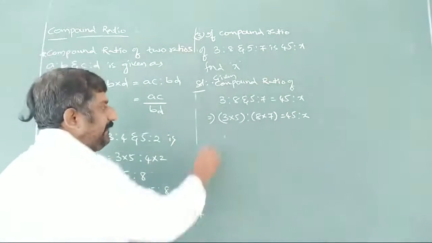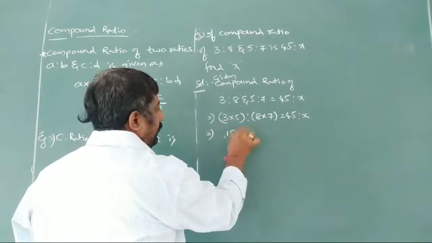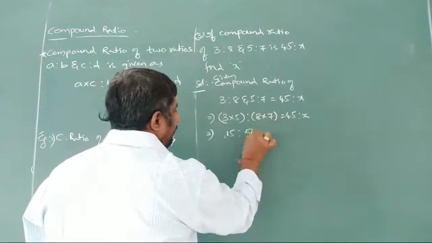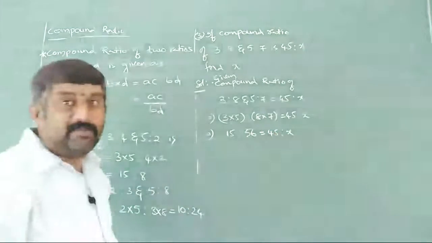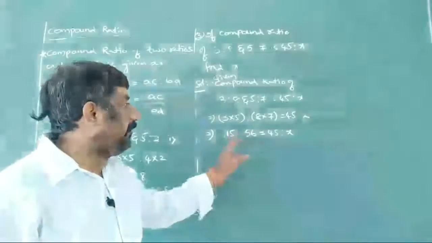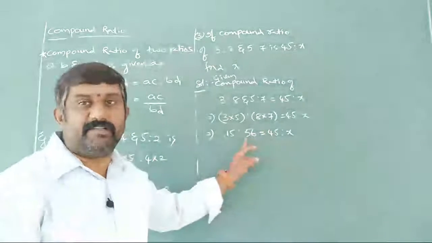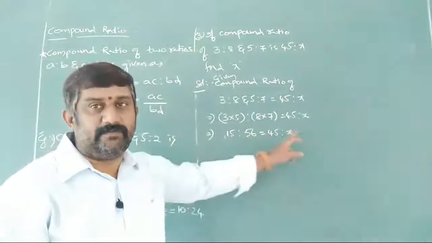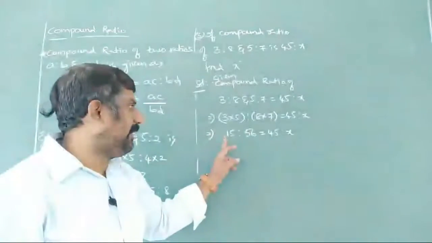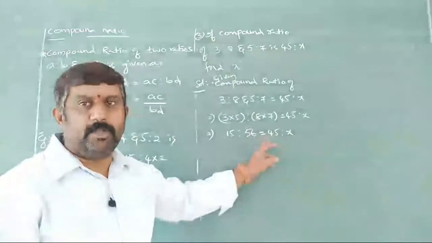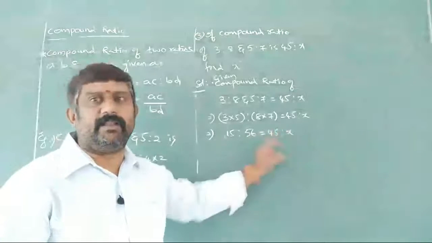Now you observe here, 3 5s are 15 is to 8 7s are 56 is nothing but 45 is to x. Observe here, for 15 we got 45, now 56 we have here. For 56, how much do we have to go? Simply by observation we can say, 15 how many times is 45? 3 times. Now 56 times 3, automatically we will get the answer here.